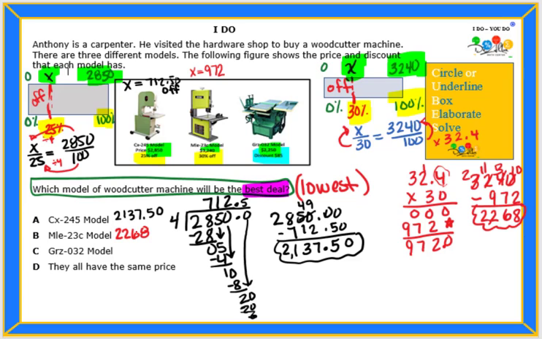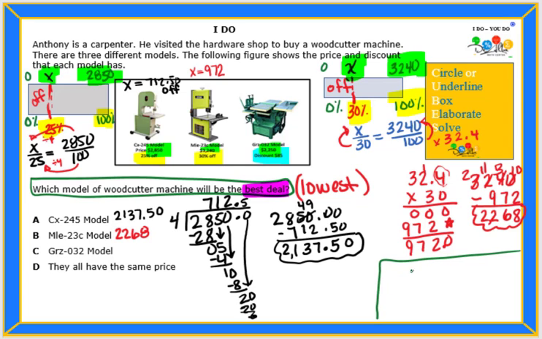Now the third one is going to be a little bit easier because we do not have to do a percent bar for that one. They didn't give us the discount in a percent, they actually gave us the dollar amount. It's $2,250 and we're saving $85. So for that one, we're just going to do the subtraction. I'm going to make myself a little space right down here to do my subtraction for that third model.